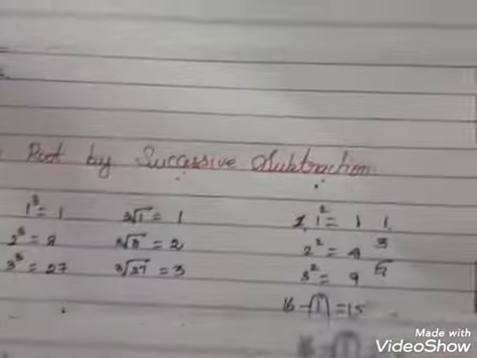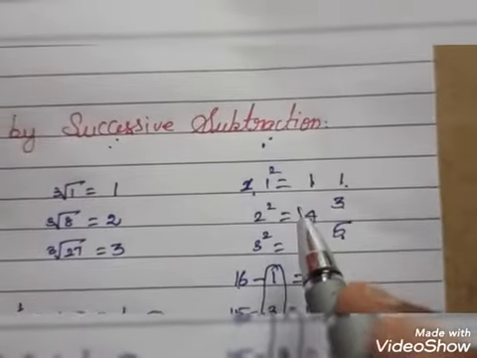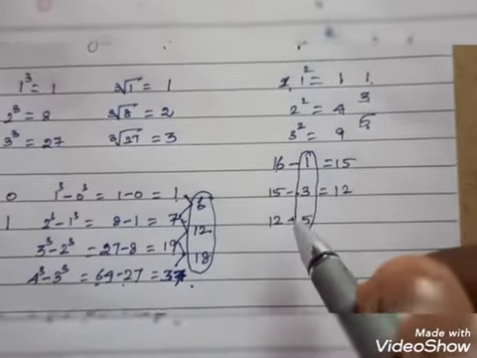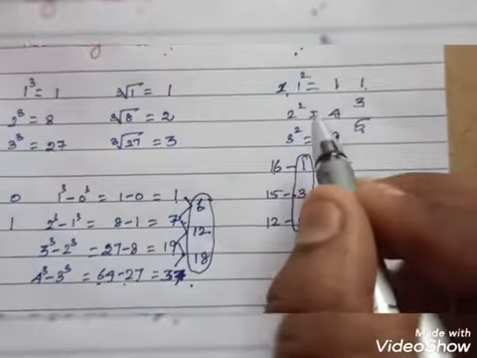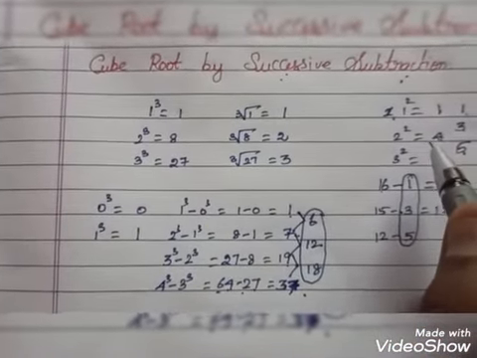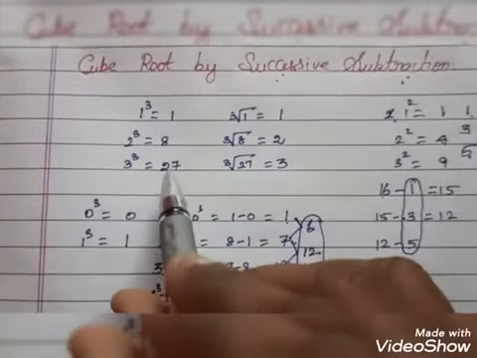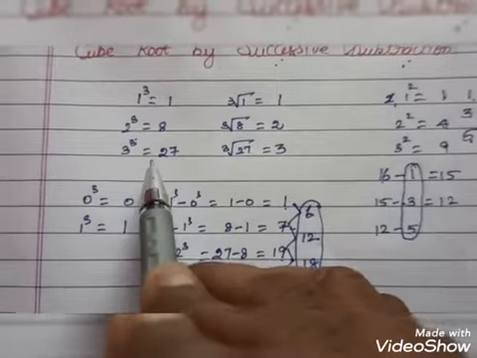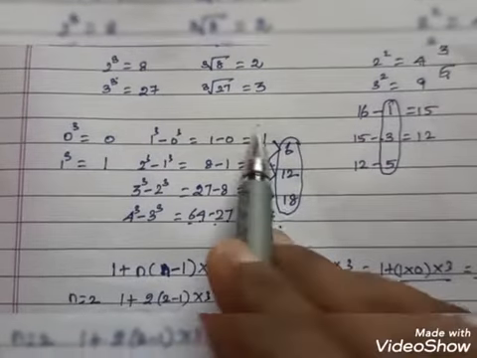By the same method, just as we find the square root by successive subtraction using odd numbers in the sequence to subtract the successive squares, in the same way you need to find the sequence for successive subtraction for the cube value. Okay, so what is the successive format?